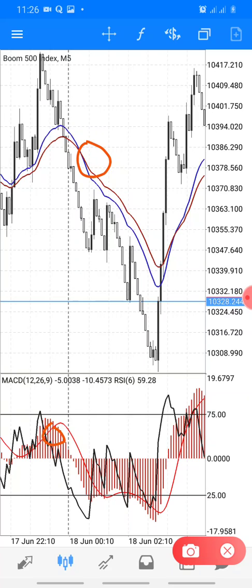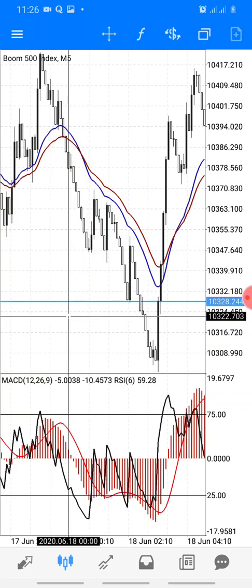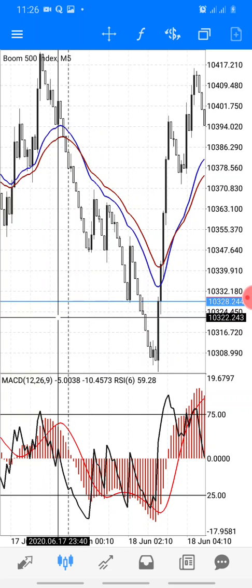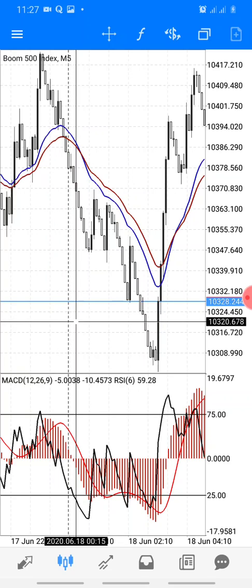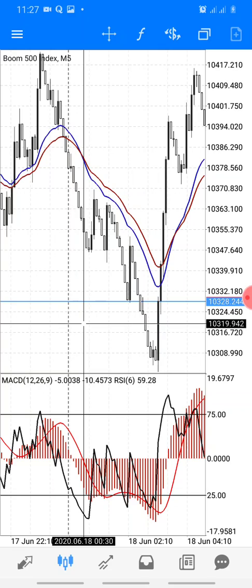If you are going to draw a line, you will see that our RSI crosses at this level, while our moving average 23 crosses at this level. So that's a huge difference.